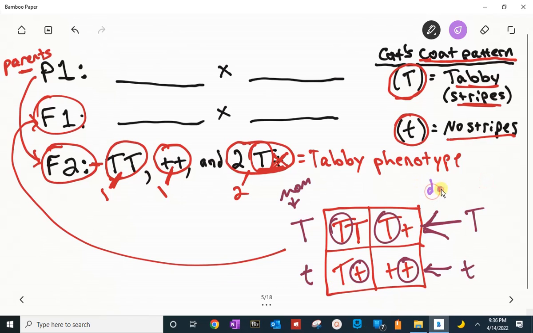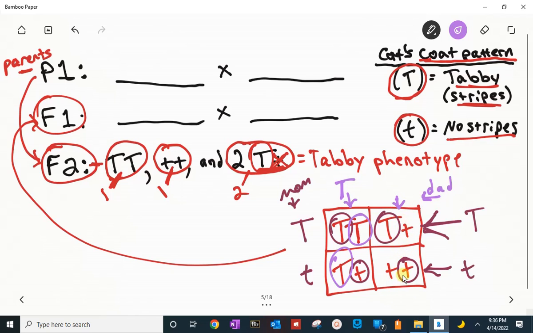Now let's look at dad's. So if we look down this column right here, the T's that these two squares have in common are capital T's. So that means dad's first allele in the genotype is going to be a capital T. And then let's look down this column right here.